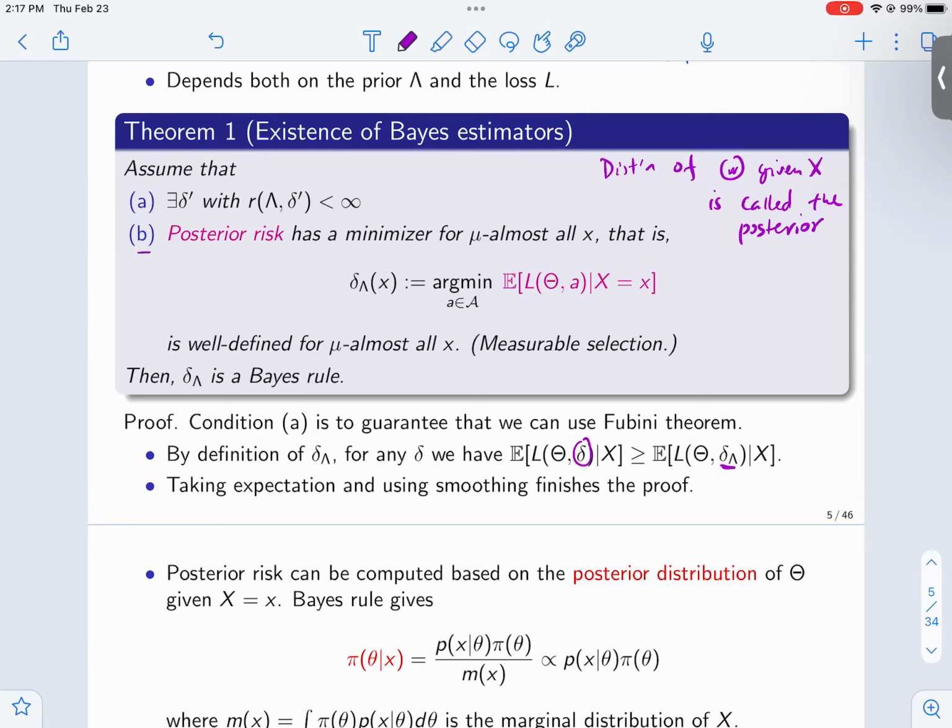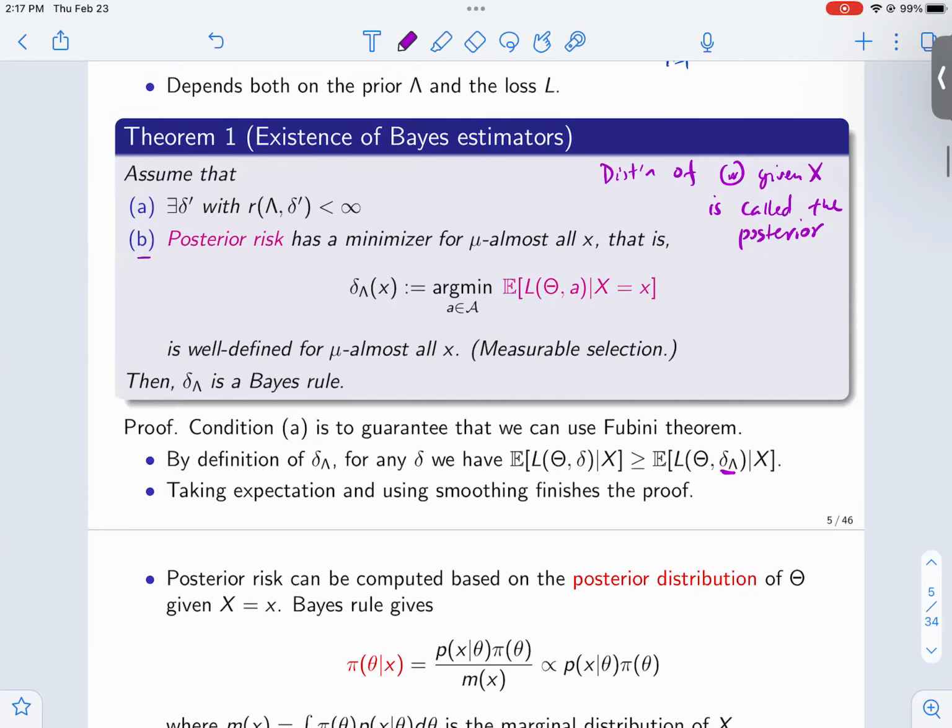You can argue very easily that because of the way we chose this, conditional on x, this is a fixed number, this is another number, and this is some a, this is a star. So this is the best choice for that x. The fact that it's a minimizer of the posterior risk makes this inequality hold for almost all x, and then you take the expectation of both sides, using monotonicity and the smoothing property. So that's the formal way of arguing.